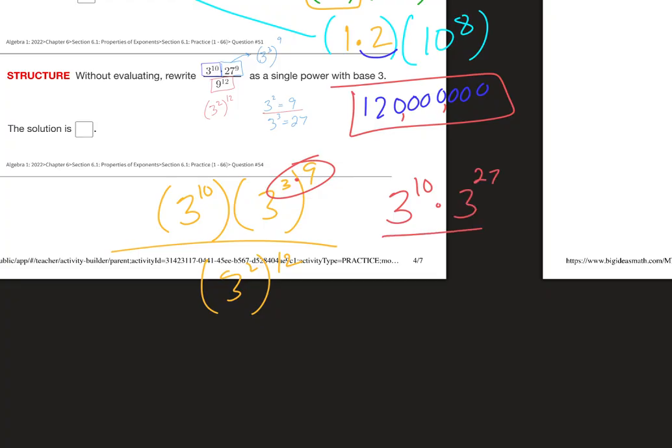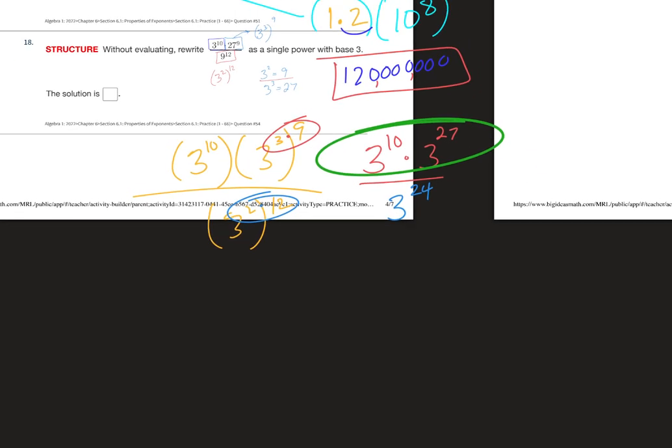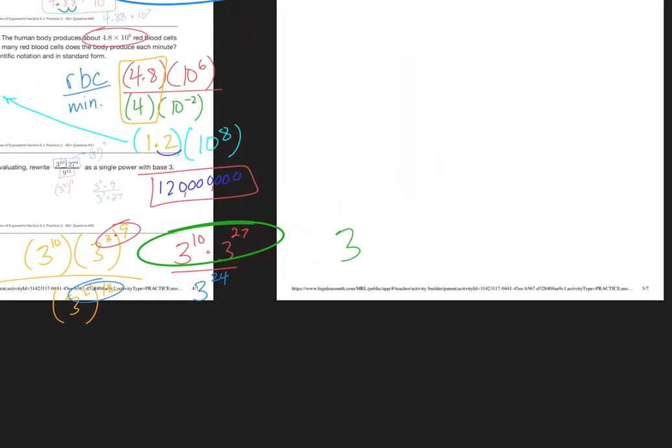And then right here we have 2 times 12, which is 3 to the 24th, right? When you are multiplying and have the same base, you add the exponents. So we would get 3 to the 37th over 3 to the 24th. And now we're just going to subtract: 37 minus 24 is 3 to the 17th power, right?